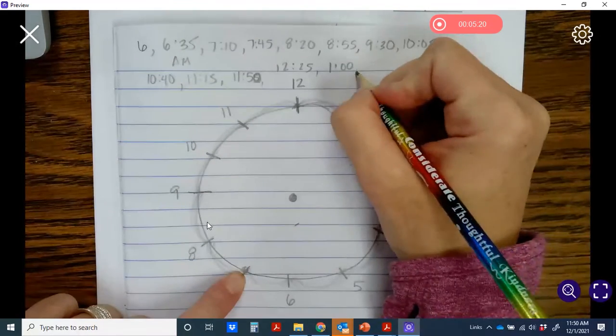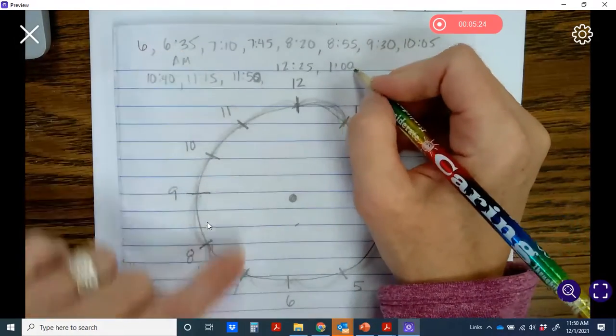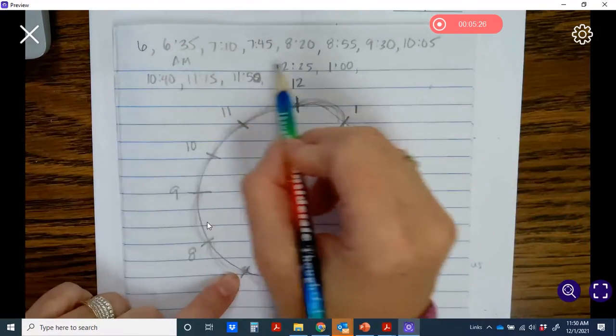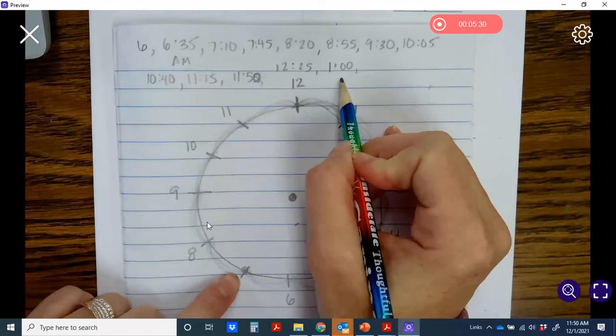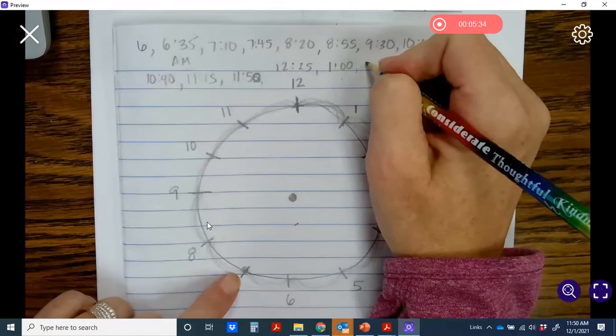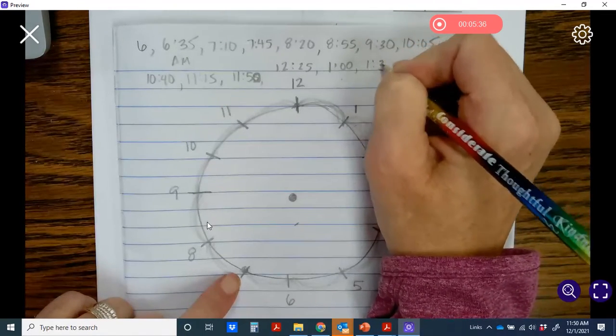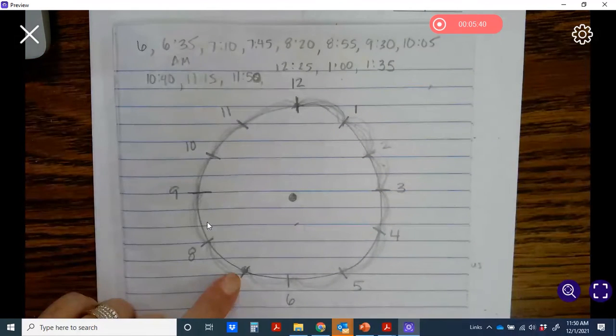Now see here, now I can actually follow this pattern if I wanted to, because see, this was 6 and this is 1. I could follow that pattern if I wanted to. So that's 1:35, okay, because this is a pattern question apparently.